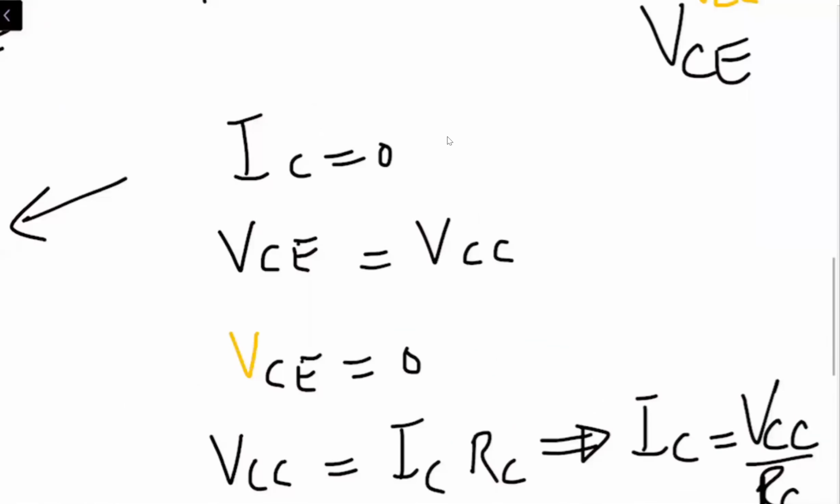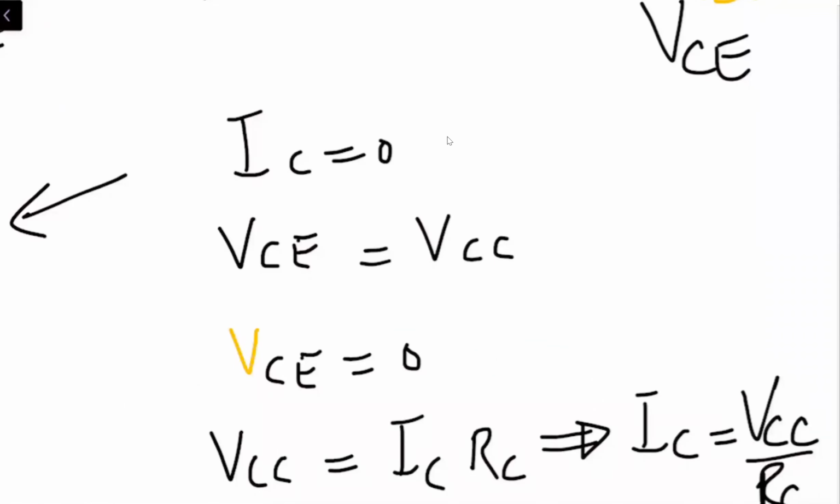Once we said IC is equal to 0, VCE is equal to VCC, and then we said if VCE is equal to 0, we get IC is equal to VCC divided by RC. 2 points, right? And these 2 points, we have mentioned in our characteristic curve.